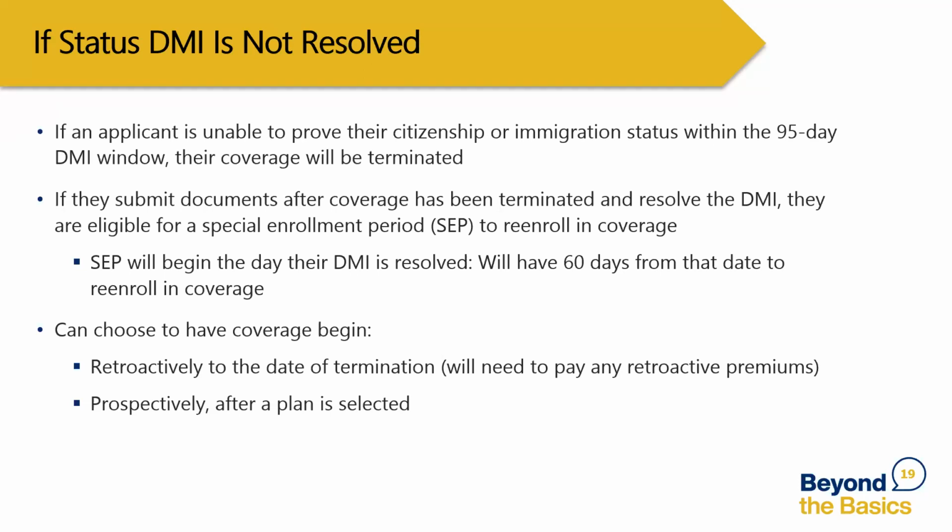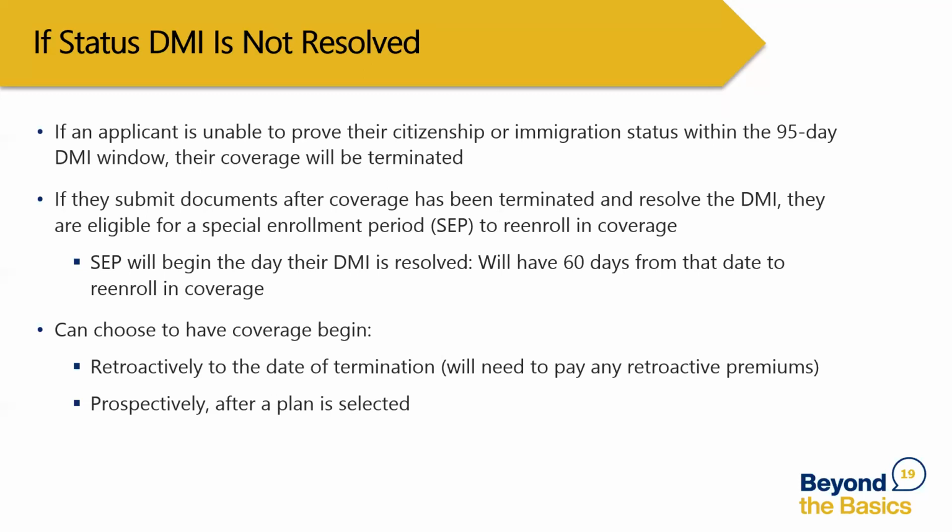And when I say coverage terminated, I mean coverage terminated, not just their PTCs. They will actually be disenrolled, because it is a requirement to even enroll at full cost out of your pocket in the marketplace that you have a status that makes you eligible to enroll. Okay, so that's important for you to know.